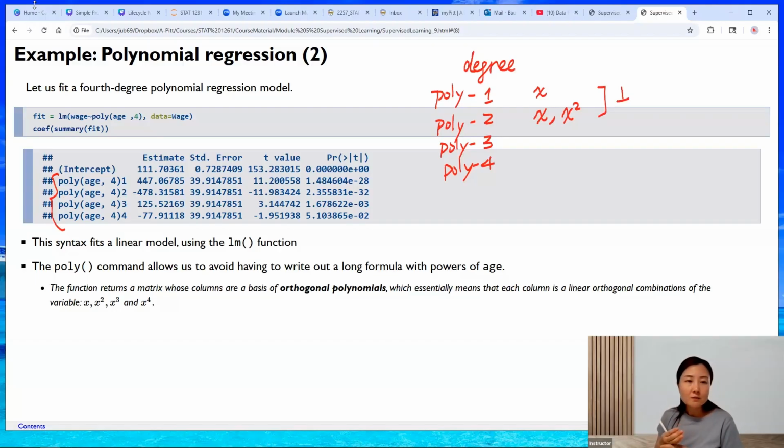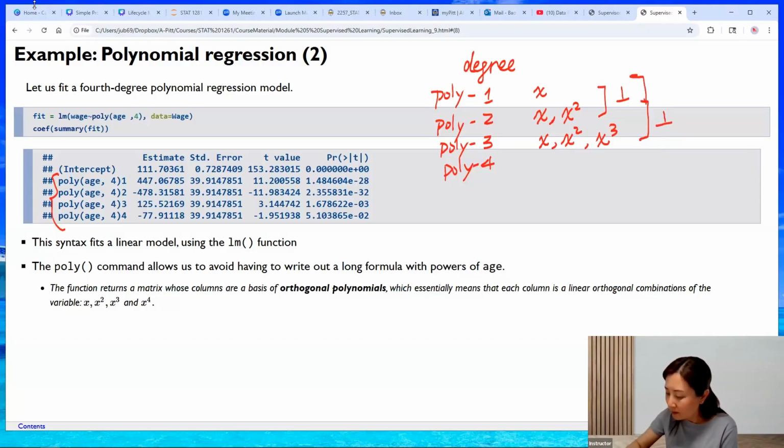We can use linear algebra tricks to make them orthogonal. The third polynomial term will be a linear combination of x, x squared, and x cubed, and again, we construct it in a way that it is orthogonal to polynomial 2 and polynomial 1.